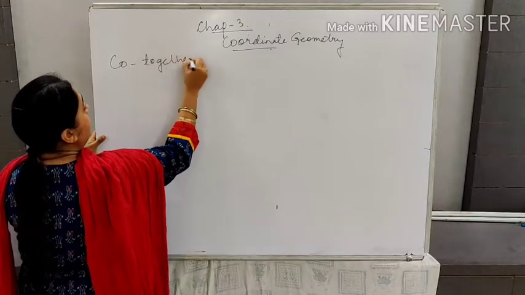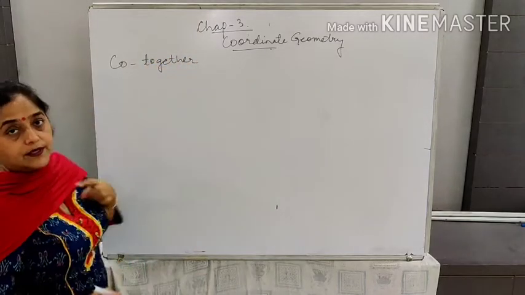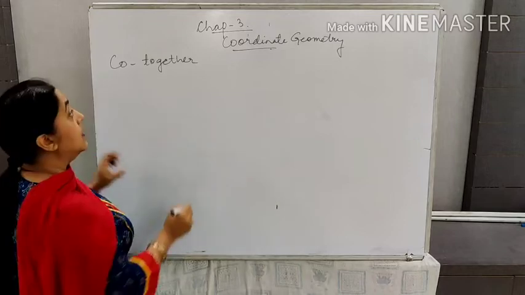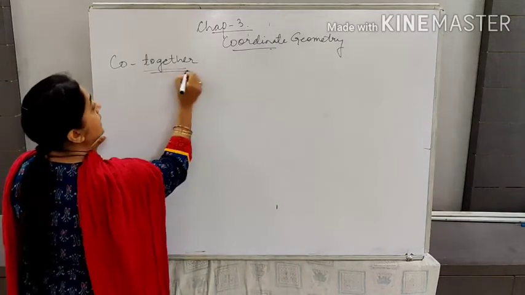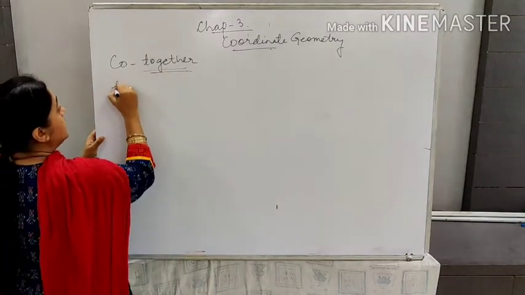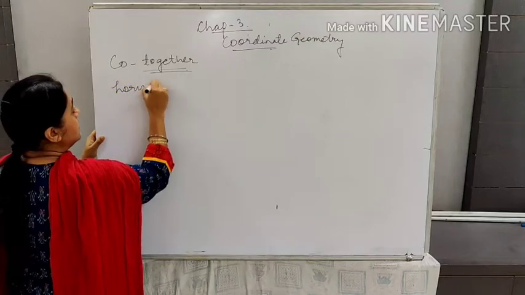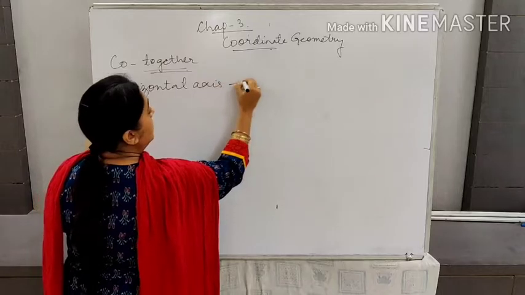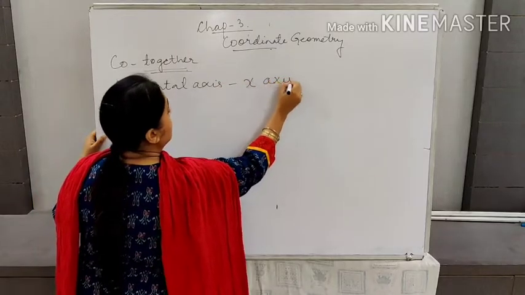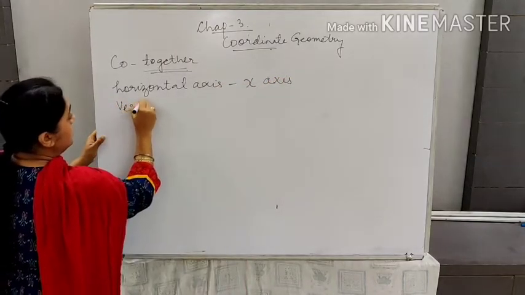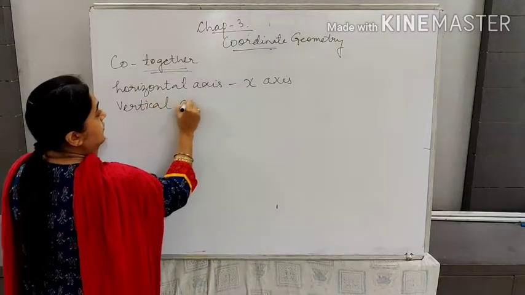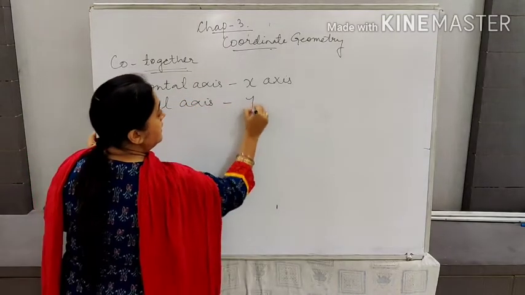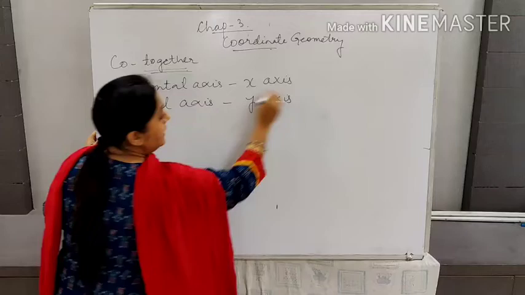Together. Whenever I am talking about coordinate geometry, that means I am talking about two axes together. One is the horizontal axis, which is also called the x-axis, and the other is the vertical axis, which is called the y-axis.